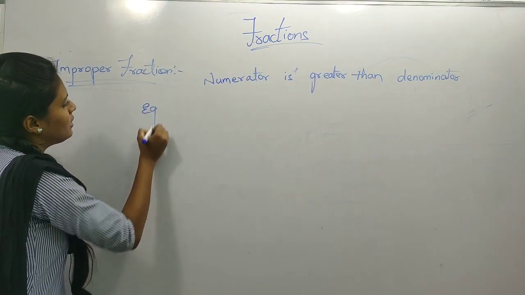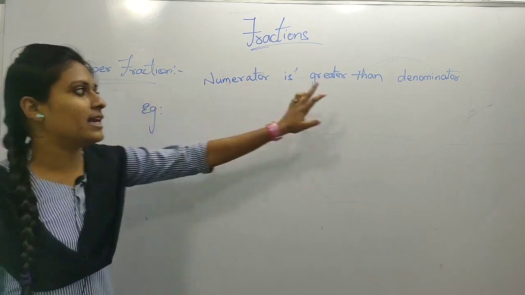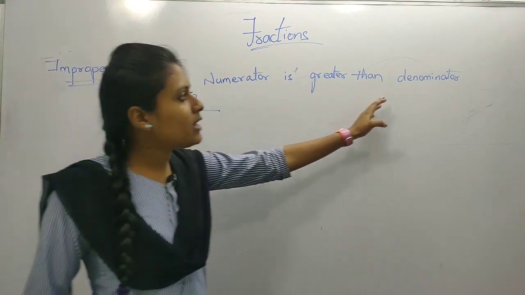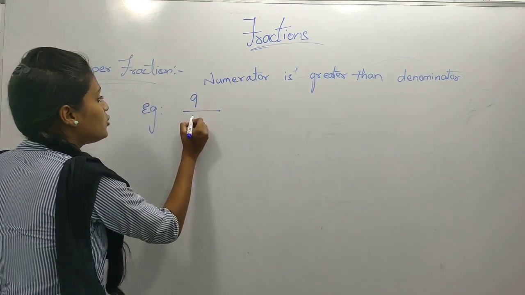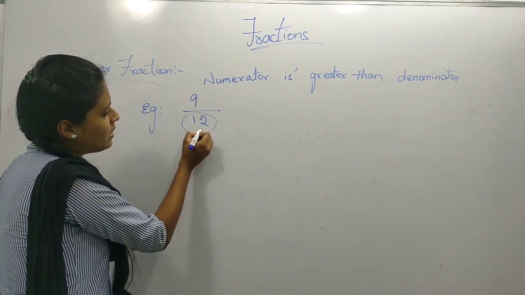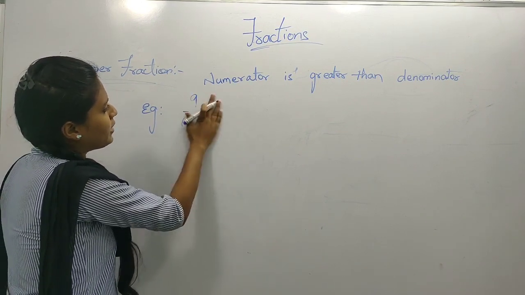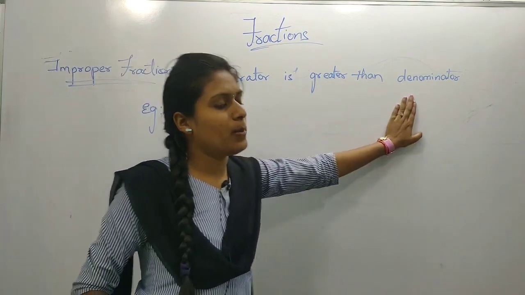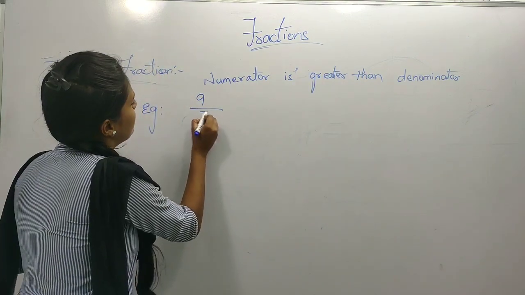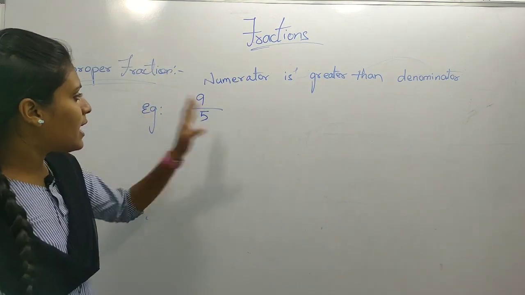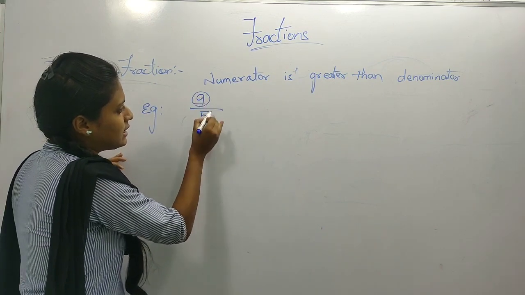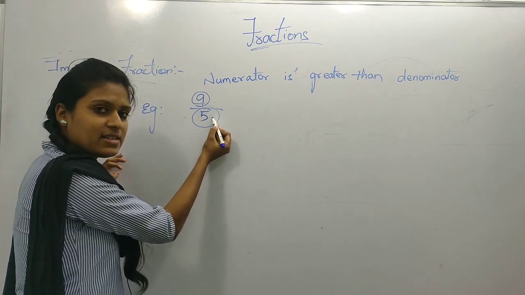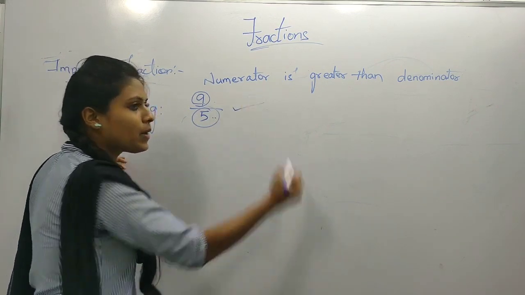The numerator must be greater. Let's take 9 as numerator and the denominator 12. You can observe that the numerator 9 is not greater than the denominator. Let's take the denominator as 5. Then observe it: here the numerator is greater than the denominator. 9 is greater and 5 is less, so it will be an improper fraction.